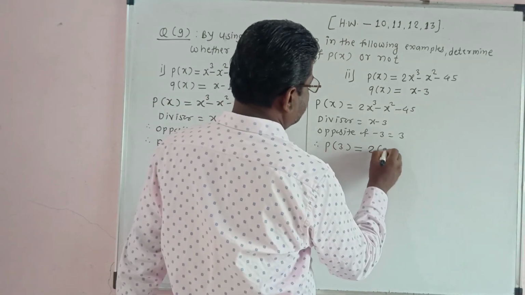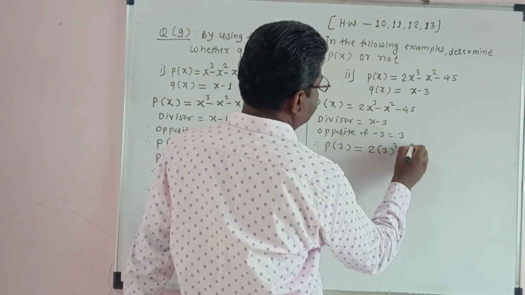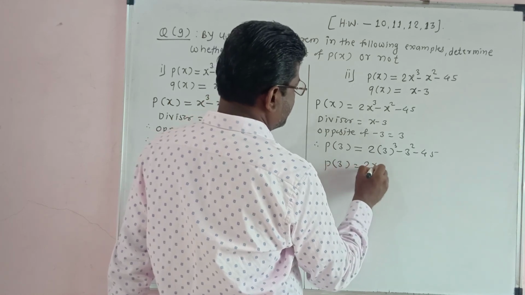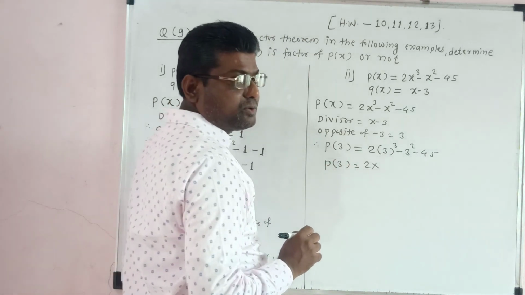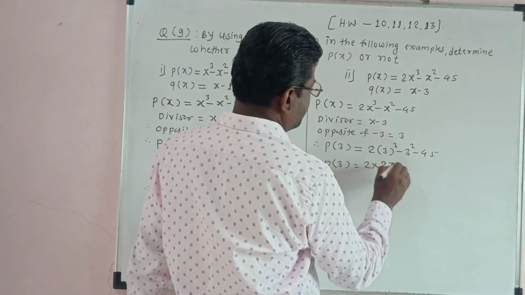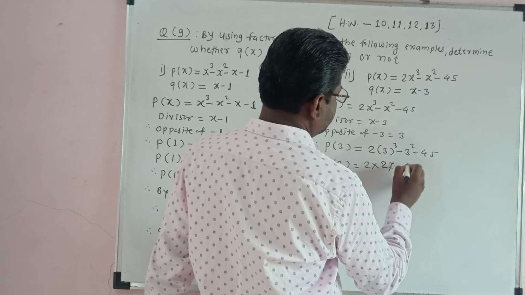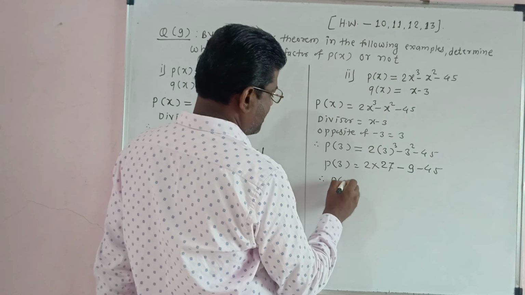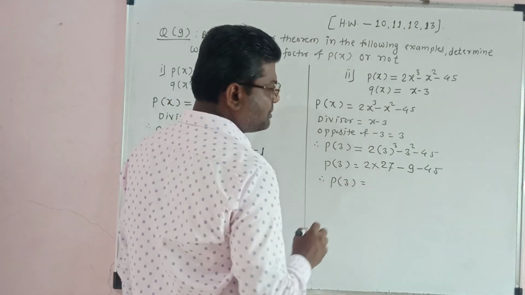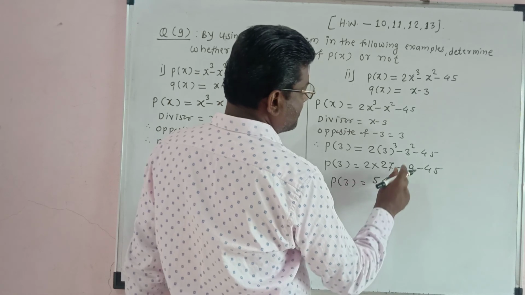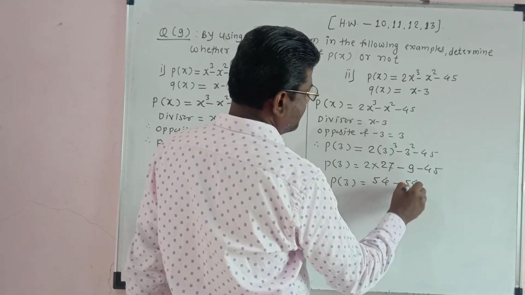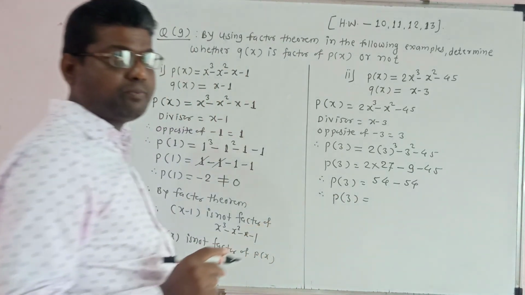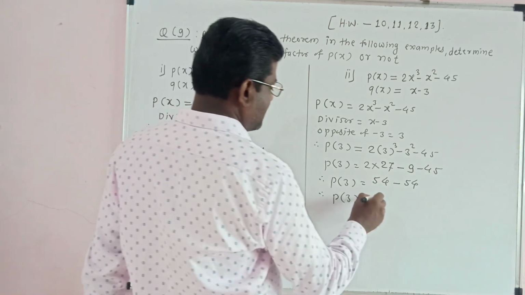Therefore 2 × 3³ - 3² - 45. So p(3) = 2 × 27, since 3 into 3 is 9 and 9 into 3 is 27, and here 3 square is minus 9, minus 45. Therefore p(3) = 54 - 9 - 45, which is 54 - 54 = 0.